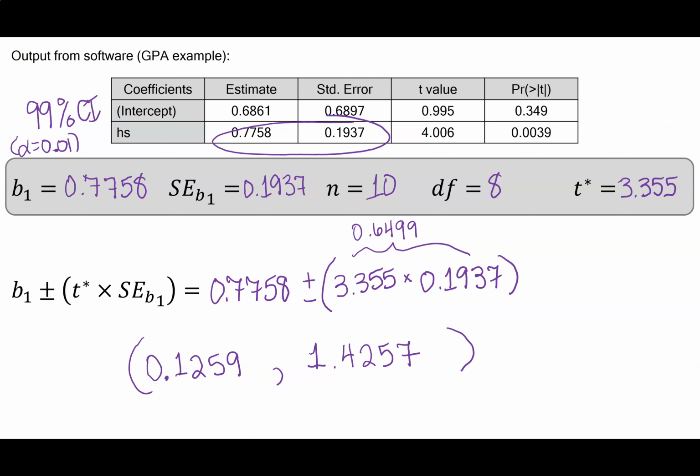So we basically estimate that for every 1.0 increase in high school GPA, we predict that the college GPA with 99% confidence will increase, and I say increase because these are both positive, from 0.12 to 1.43, with a point estimate of 0.78 increase in college GPA.